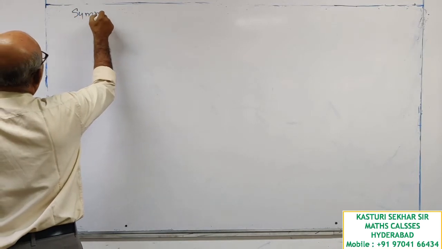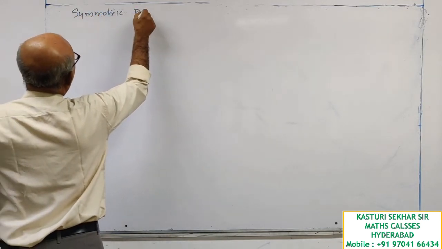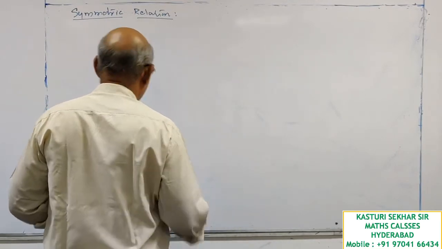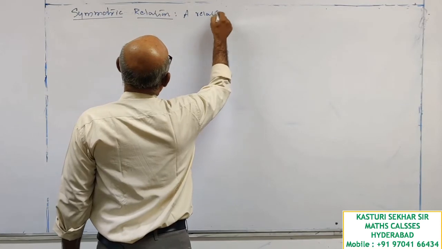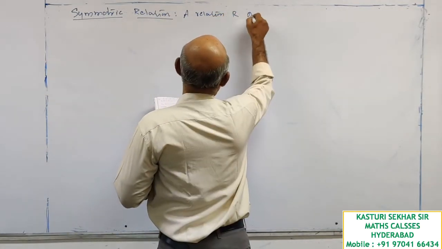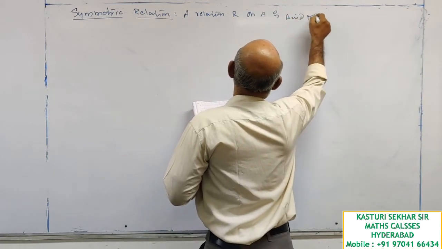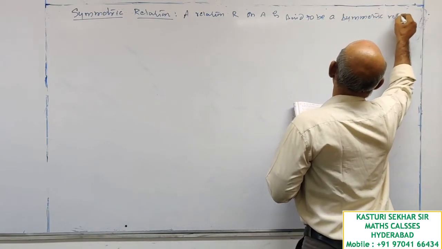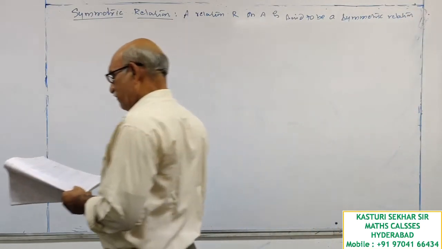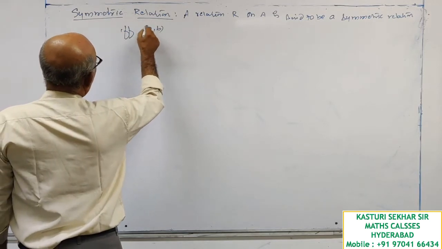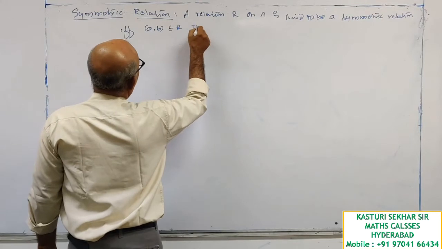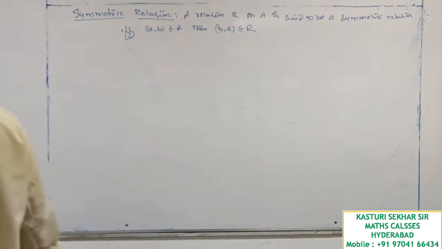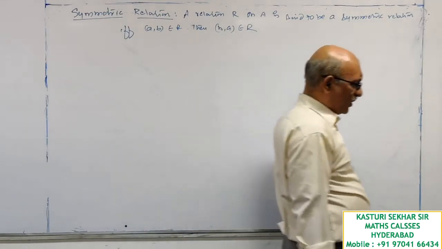Symmetric relation. A relation capital R on A is said to be a symmetric relation if and only if (A, B) belongs to R, then (B, A) also belongs to R. This condition it has to satisfy.